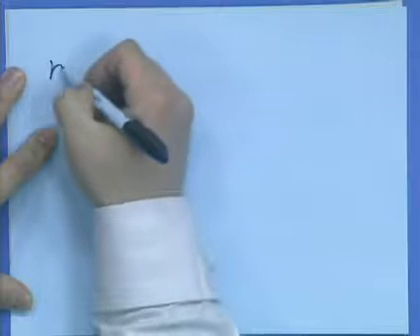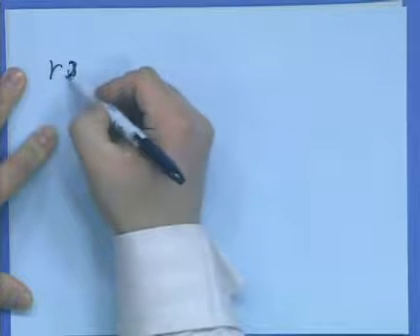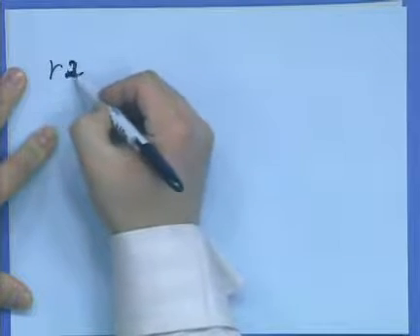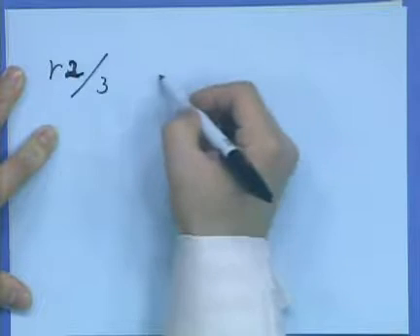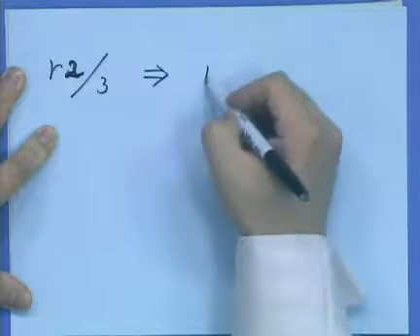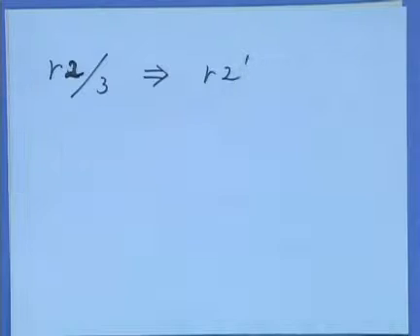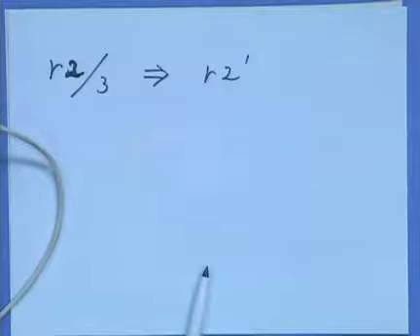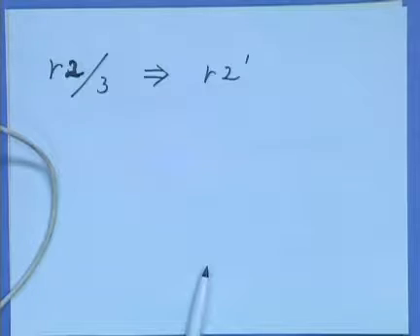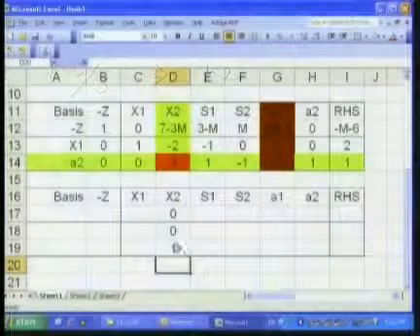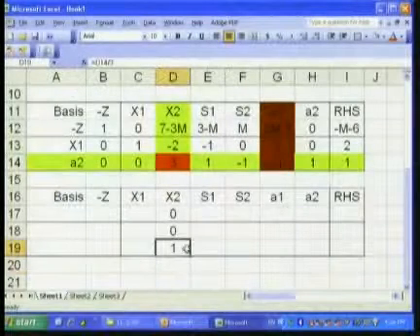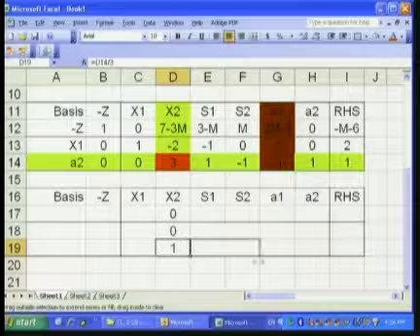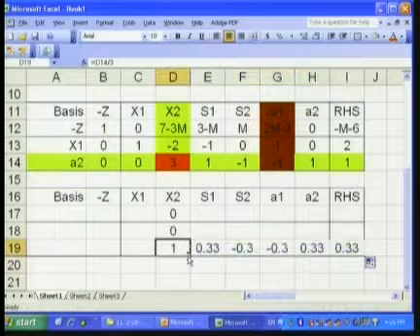The bottom row, pivot row, well, this is the bottom row, right? Divided by 3 becomes the new bottom row, right? So this is going to be 3 divided by 3, right? And then paste it.